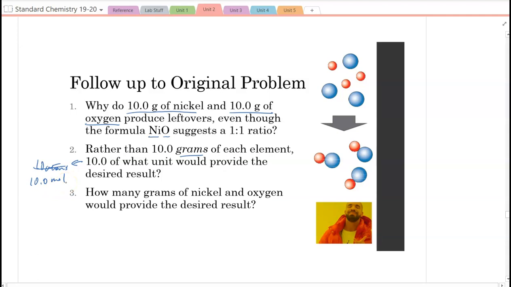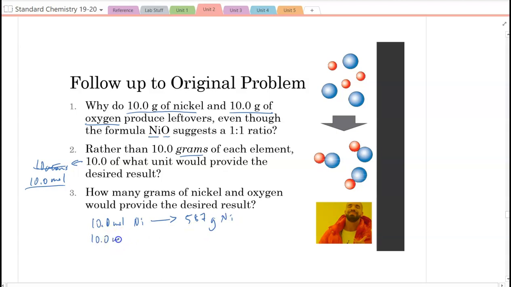10 groups of atoms. Finally, how many grams of nickel and how many grams of oxygen would be needed to make this happen? If you go back to the previous problems, if you have 10.0 moles of nickel, doing a little bit of quick math using the same work from the previous examples, it would be 587 grams of nickel.